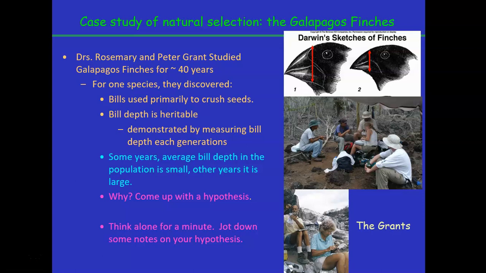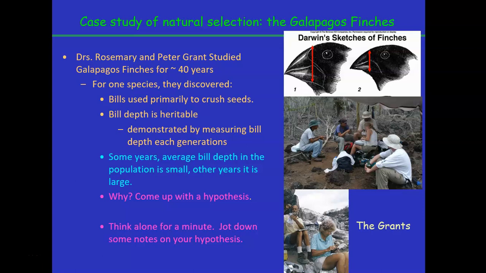First of all, birds have a toolbox. It's called their beak. This is why birds have all sorts of different crazy beak shapes and sizes. It's different ways to manipulate things in their environment, principally food. And for this group of birds that the Grants studied in the Galapagos Islands, they were studying finches.